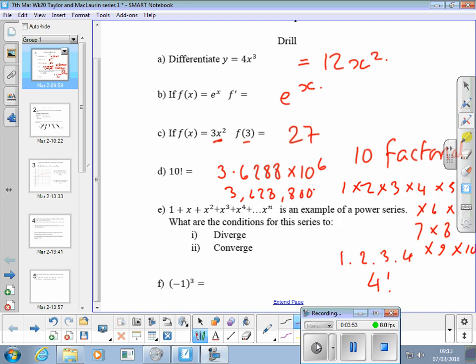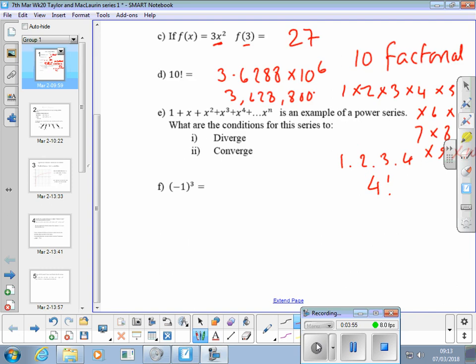So that's 10 factorial. What about minus 1 cubed? What's the result of that? Minus 1, yeah. But if you do it incorrectly on your calculator, if you don't put the brackets around it, you can get the wrong answer. Certainly minus 1 squared you can.